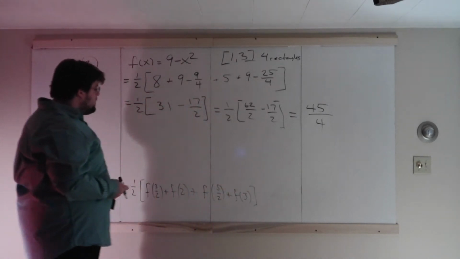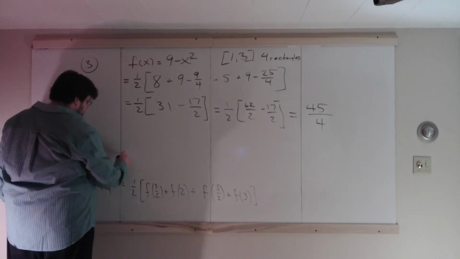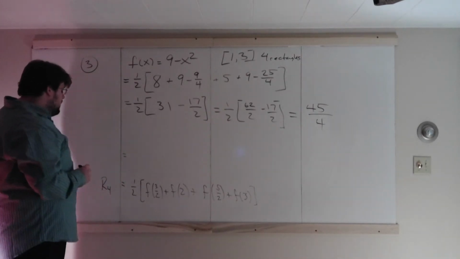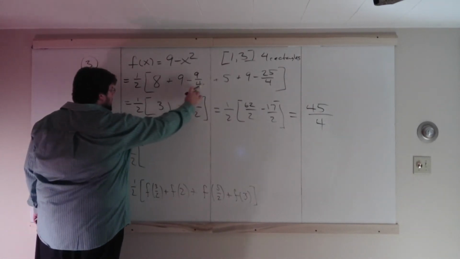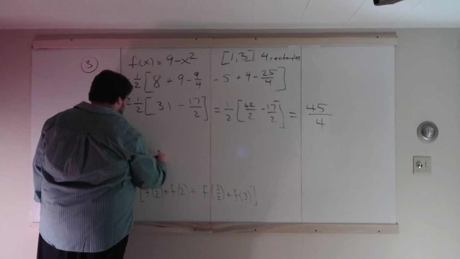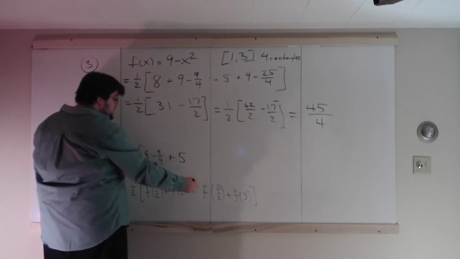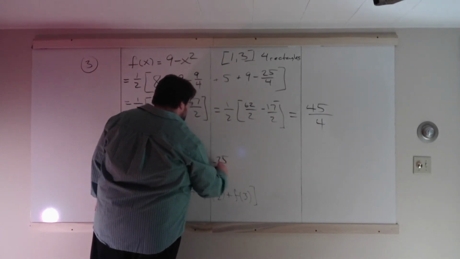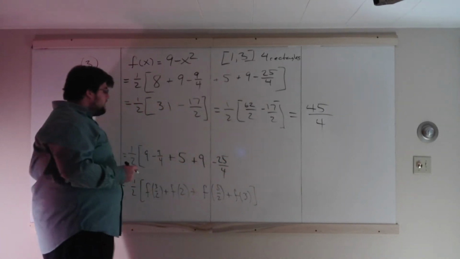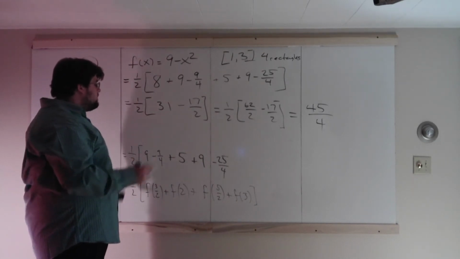The directions said you had to do only one. I'm just going to do both in case you chose to do R4. Let's find R4 now. R4, 1/2. F of 3/2, well, we wrote that up here. 9 minus 9/4. F of 2, we wrote that up there also. That's 5. F of 5/2, we wrote that up there. 9 and negative 25/4. I never understood when they taught you mixed numbers why they assumed that the fraction had to be positive.